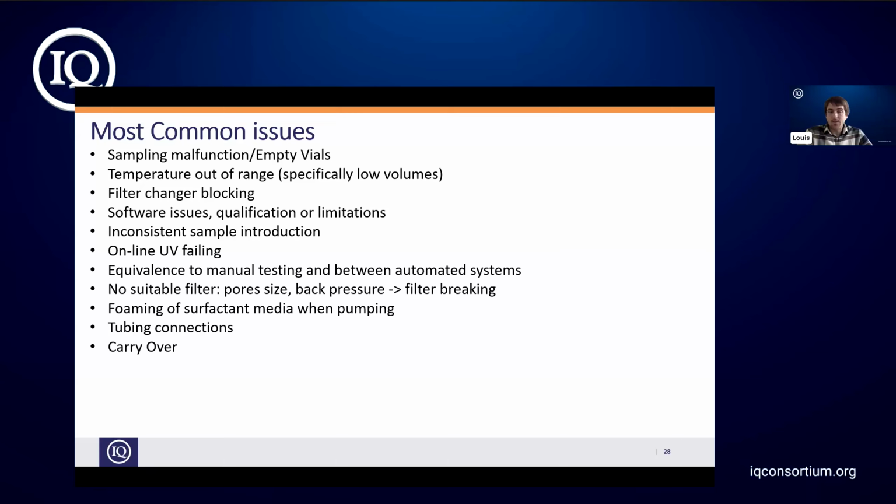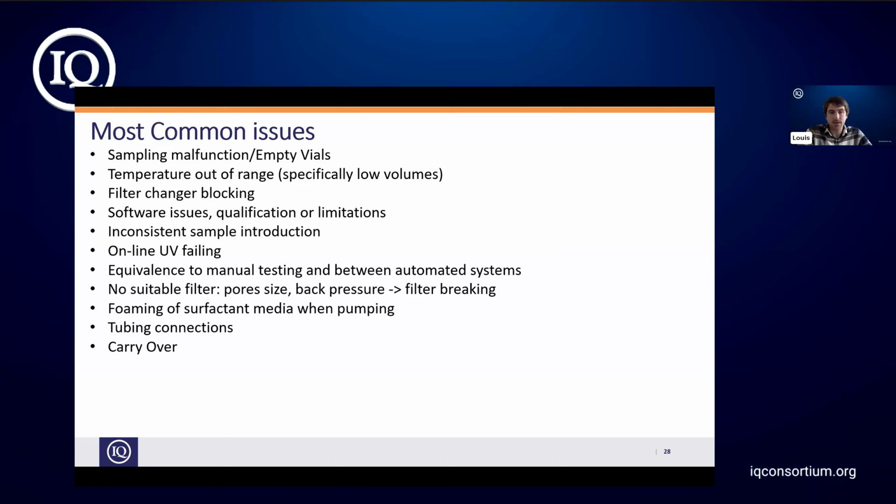A filter changer blocking is also quite a common issue. So any issues with that filter changer, this might also well be a reason why some people still opt not to have a filter changer and take other approaches. Again, here we come back to software issues, qualifications or limitations.